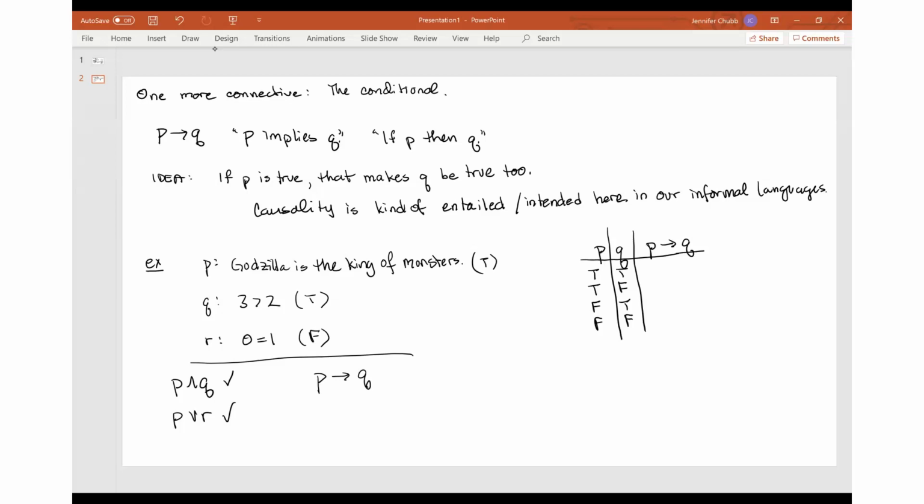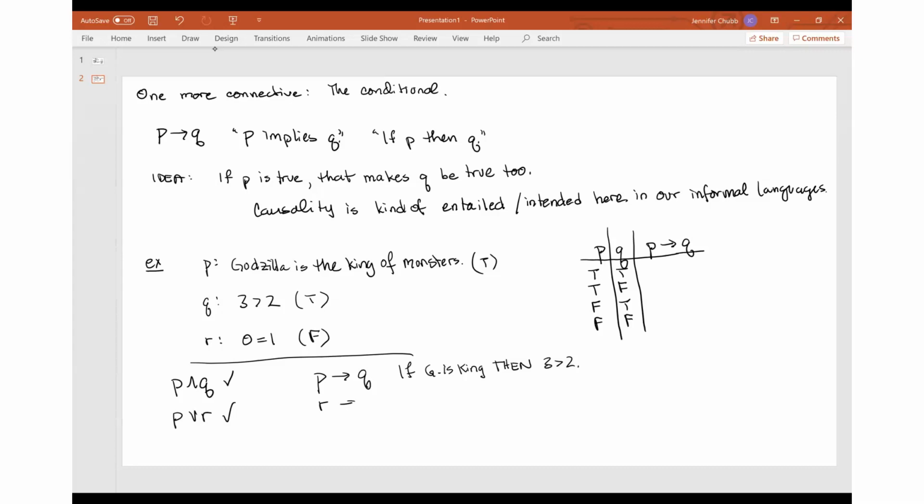So this translates to, if Godzilla is the king of monsters, then 3 is bigger than 2. Certainly, Godzilla being the king of monsters has nothing to do with 3 being bigger than 2, right? But nevertheless, we have a decision to make because we need to fill in this truth table. Let's see, what about this one?